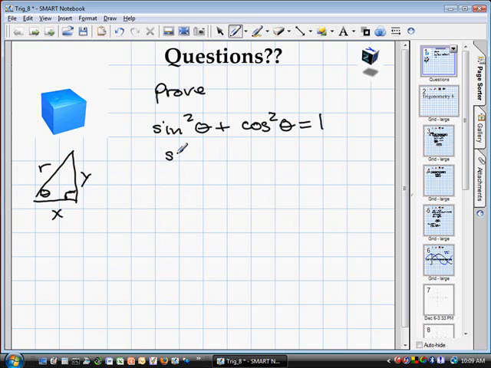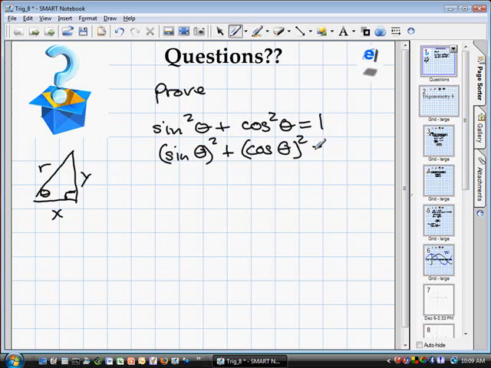Well, first of all, in trig notation, when you square the sine of theta, you can write that as the sine squared of theta. What is the sine of theta? From our picture, leg opposite over hypotenuse. And what is the cosine of theta? Leg adjacent over hypotenuse.